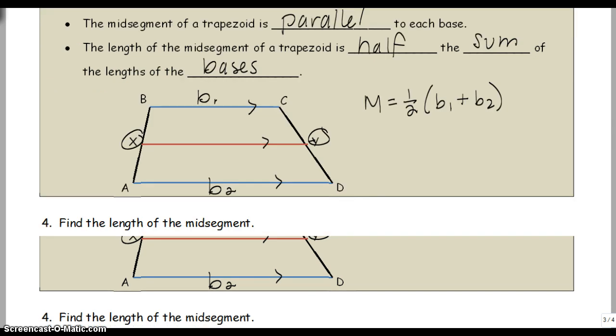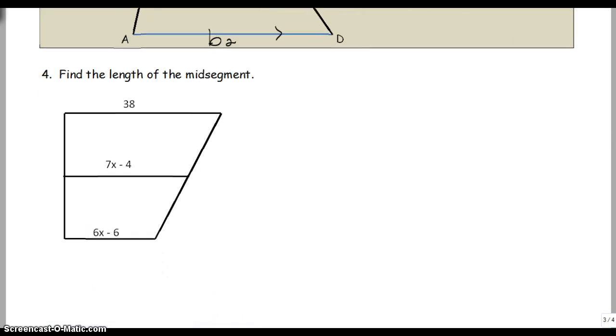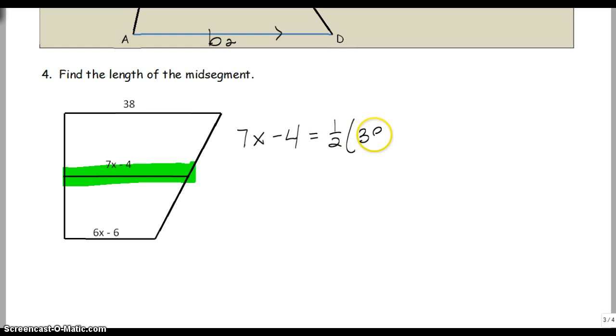So here is an example. Here we have a trapezoid with 7x minus 4 as your mid-segment. We need to know the length of it. We know that the length of the mid-segment is equal to half of base 1 plus base 2, with 38 being base 1 and 6x minus 6 being base 2.